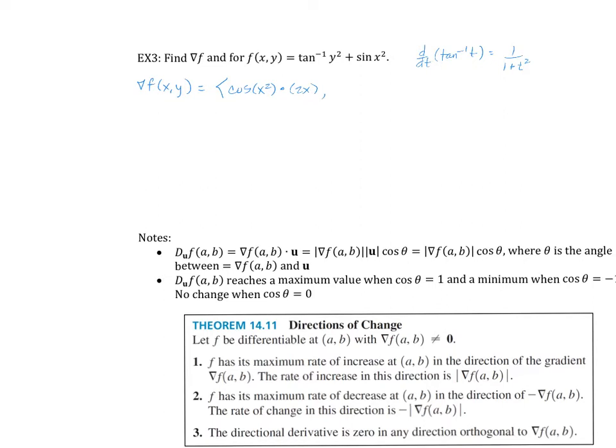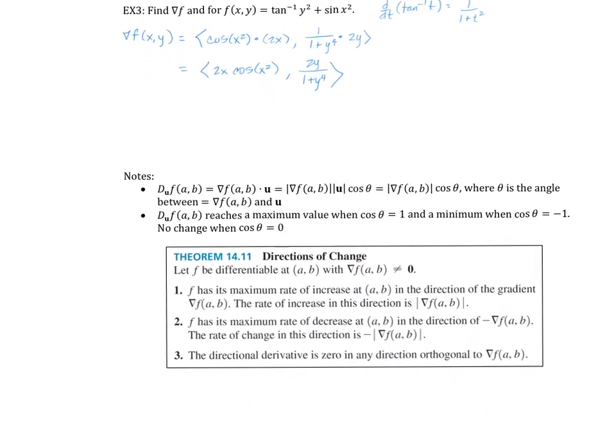And then when I compute the derivative with respect to the variable y, I get 1 over 1 plus y squared squared, so y to the 4th, times the derivative of the argument, which would be 2y. I'm going to go ahead and just clean this up. That's a vector 2x cosine x squared, 2y over 1 plus y to the 4th.